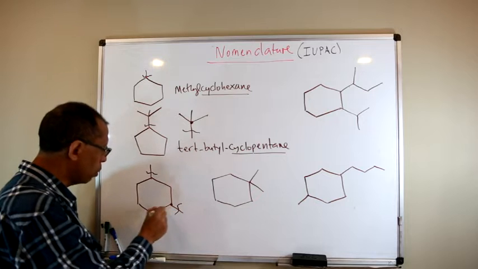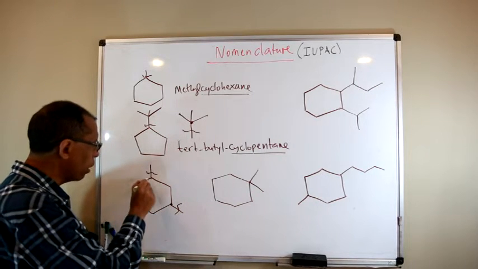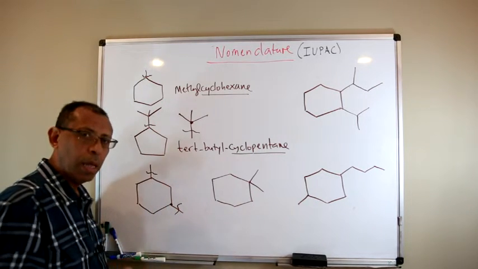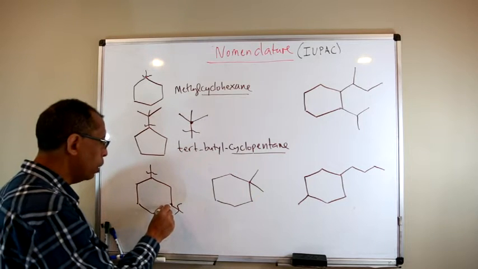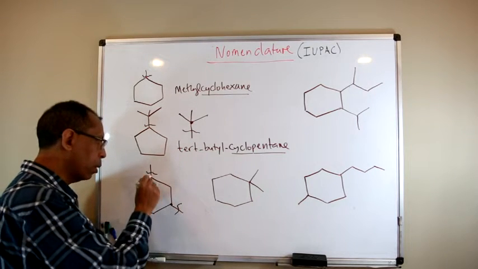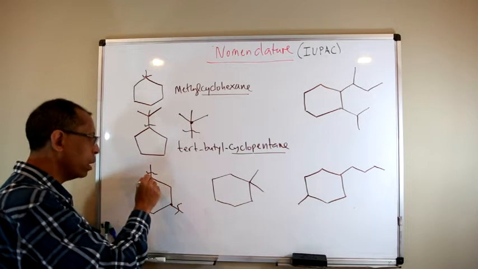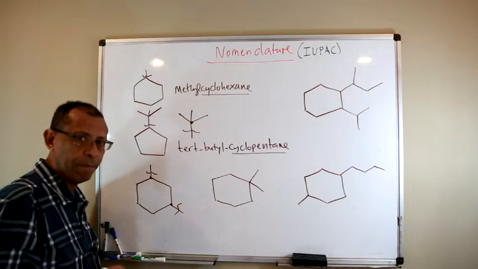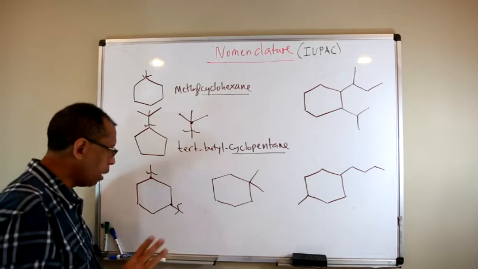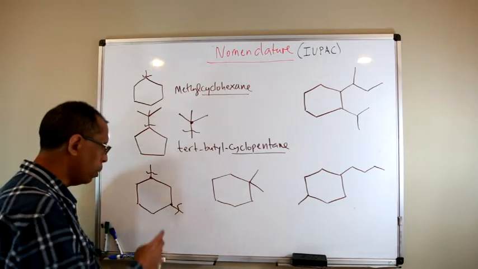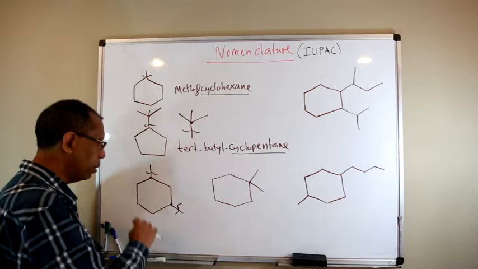You don't go through carbon 2, 3, 4 and say 1, 5. That's a no. You always go counterclockwise in this case, because that gives you a 1, 3 rather than a 1, 5. So you always have to go to the lowest number as you go around it.